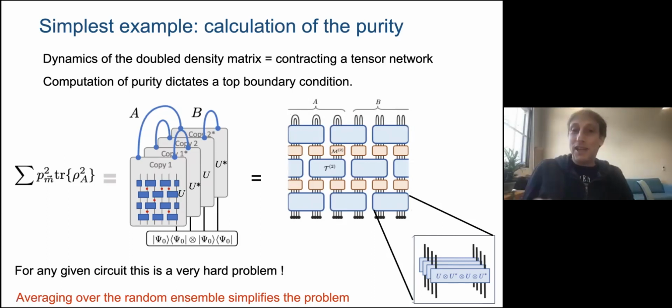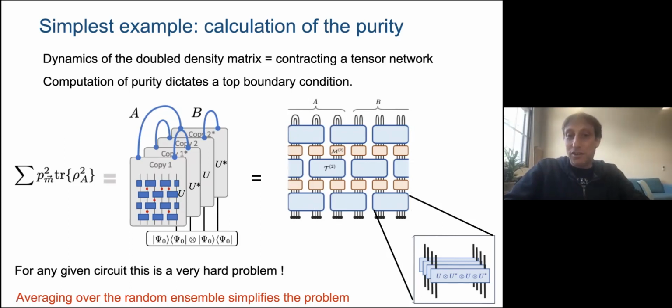I call it the identity because if I have more than two copies, then A will be some cyclic permutation in order to multiply rho A by rho A n times, and B will still be the identity permutation. Each copy is connected to itself. Okay, so I have a boundary condition, I have a nice tensor network, but it's impossible to calculate.